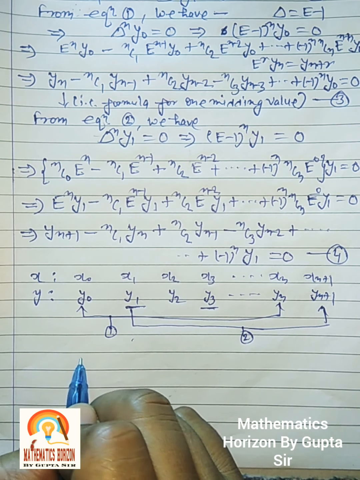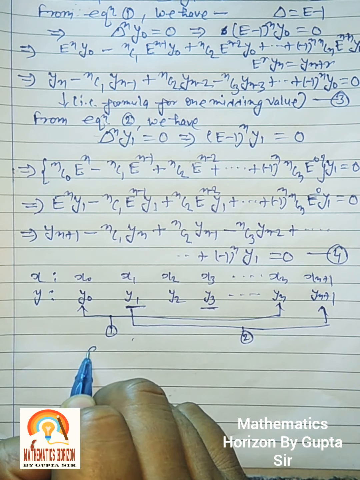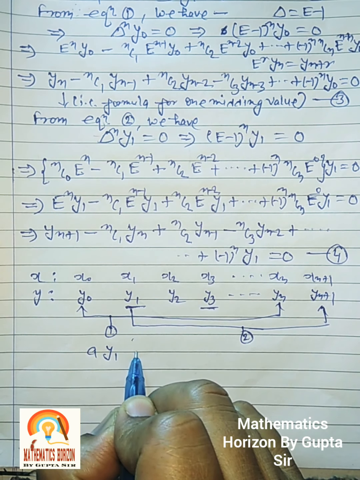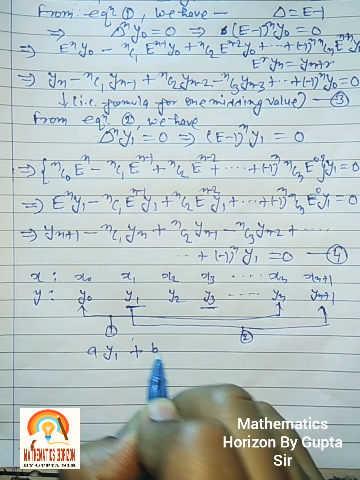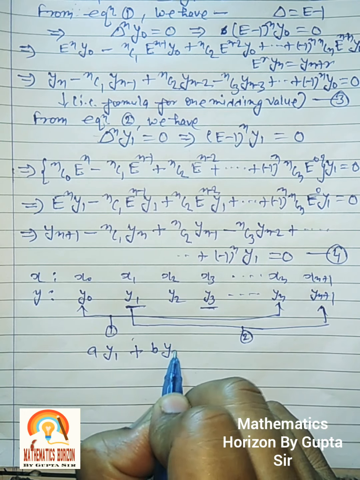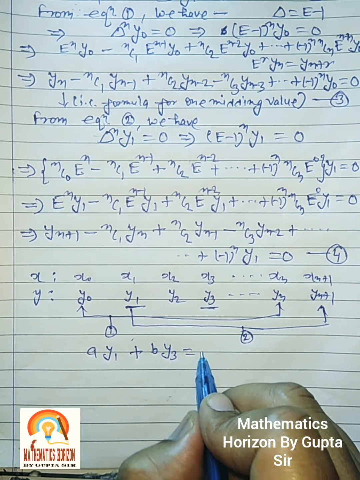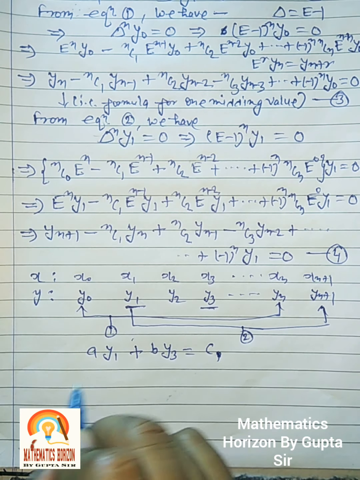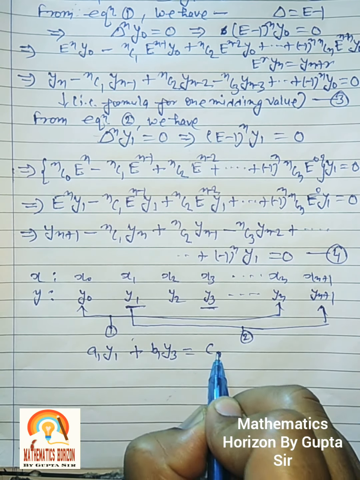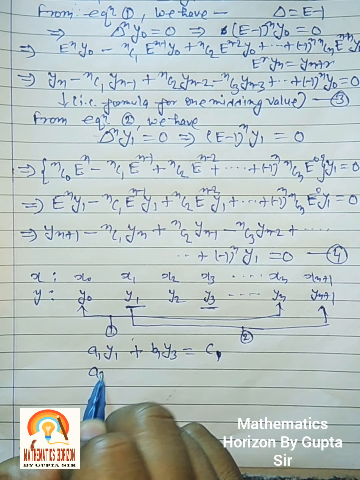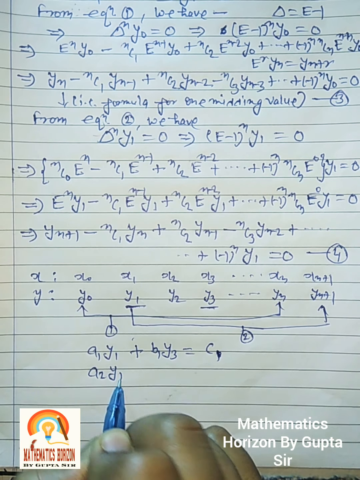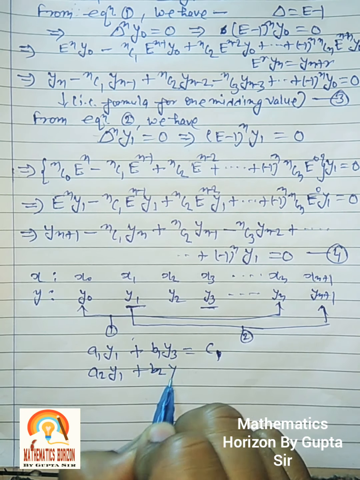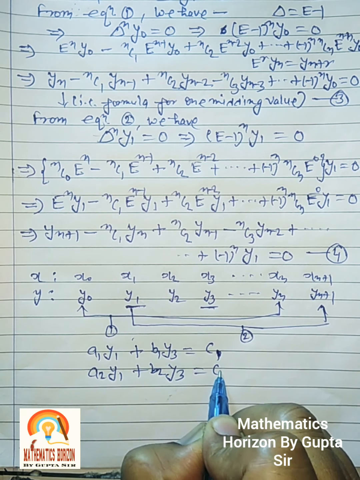Suppose a1 y1 plus b1 y3 is equal to c1, and second equation we have a2 y1 plus b2 y3 is equal to c2.